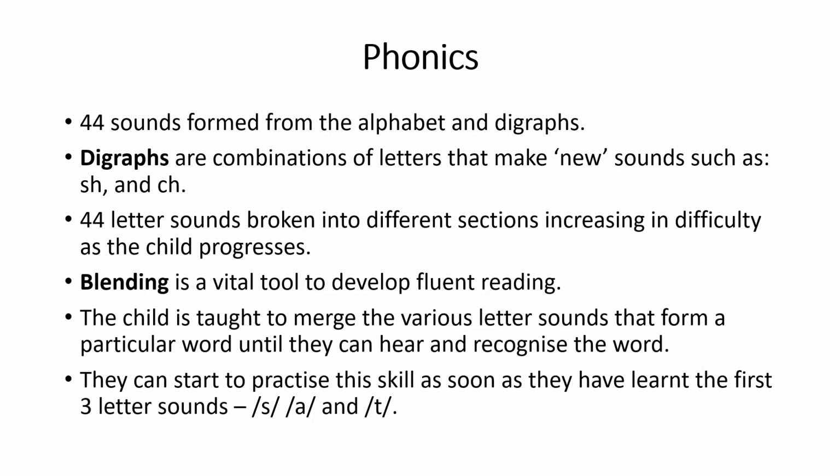Blending means just saying it together, merging all these sounds to produce a single word. So we'll teach the child to produce it like this: frog. So this is how the teacher enables the child to produce the whole word.